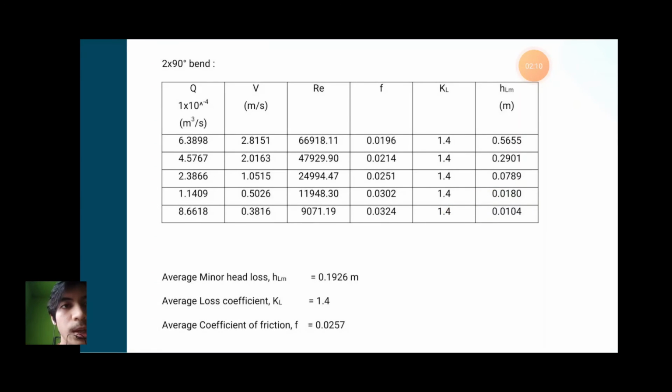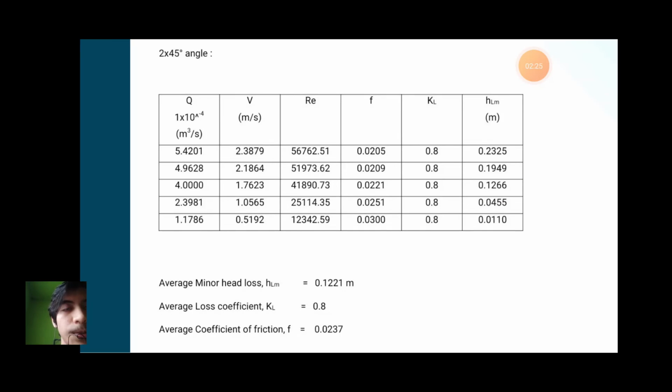For 90-degree bend, we get the average minor head loss of 0.1926 meter, loss coefficient of 1.4, and average coefficient of friction of 0.0257. For 45-degree angle, we get the average minor head loss of 0.1221 meter, loss coefficient of 0.8 and average coefficient of friction of 0.0237.